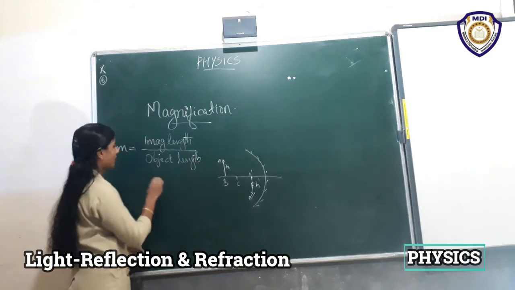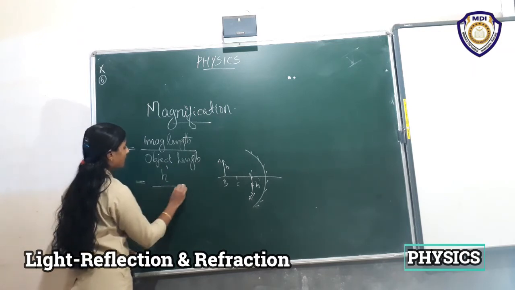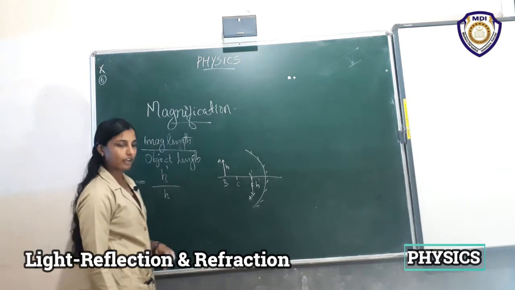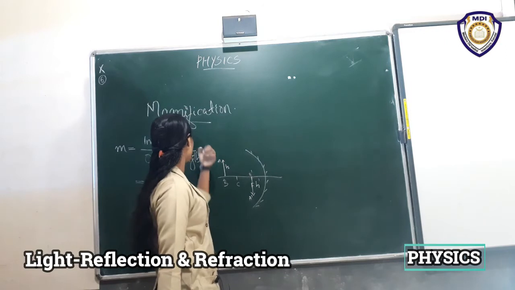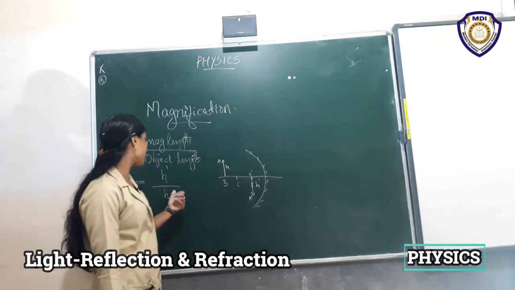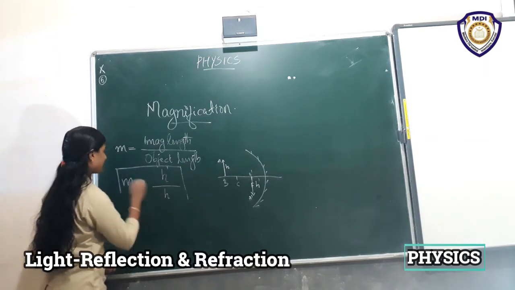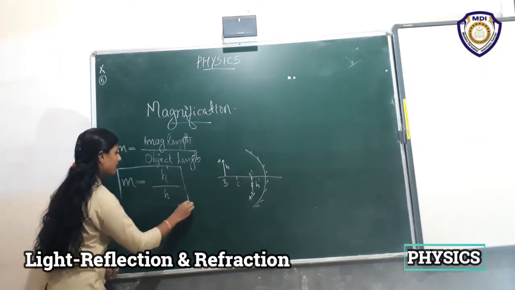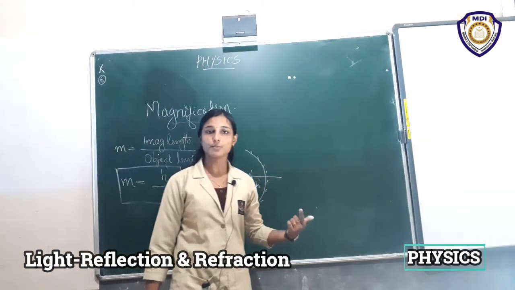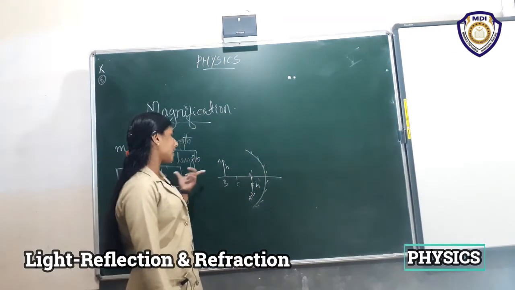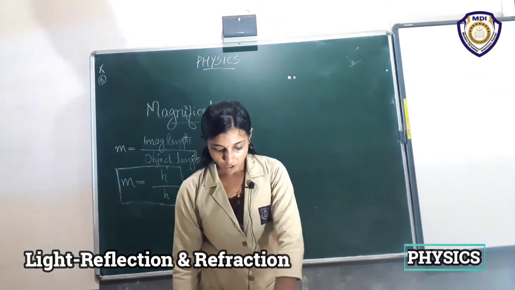This is magnification, and it can be represented as h dash by h, where h dash is the height of the image and h is the height of the object. So this gives the magnification. That means it gives an idea of how the image is magnified with respect to the object size.